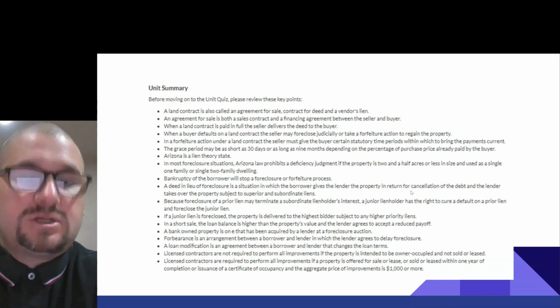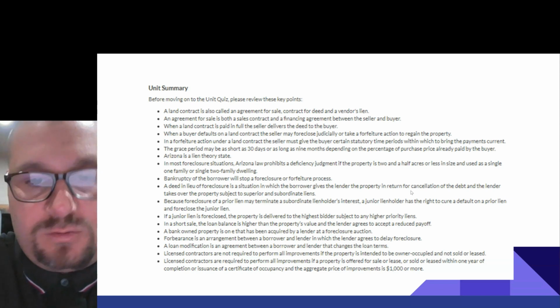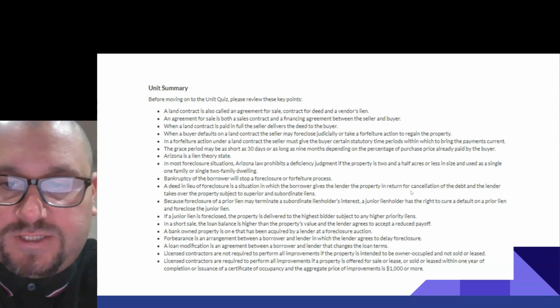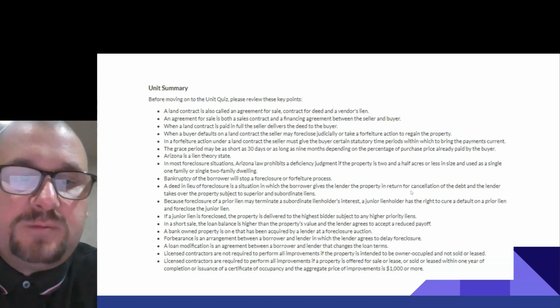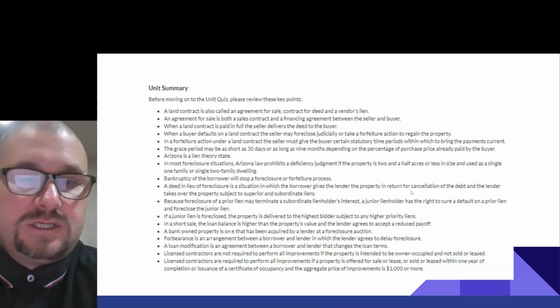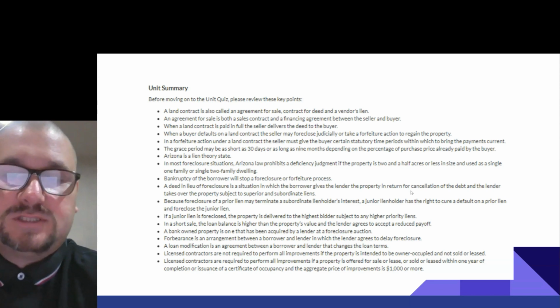Licensed contractors are required to perform all improvements if a property is offered for sale or lease, or sold or leased within 1 year of completion or issuance of a certificate of occupancy, and the aggregate price of improvements is $1,000 or more.